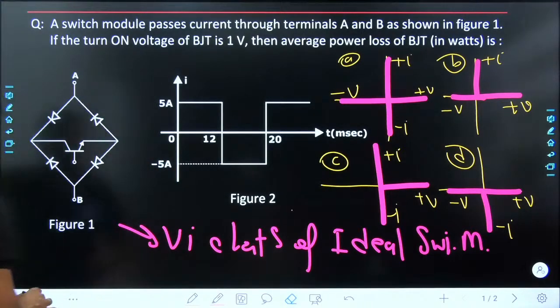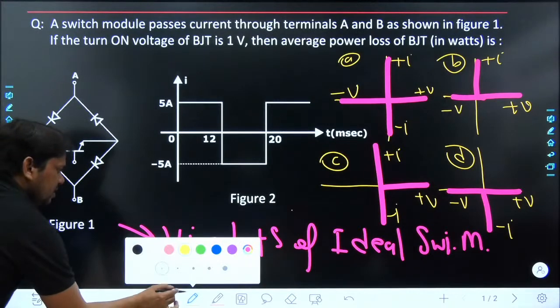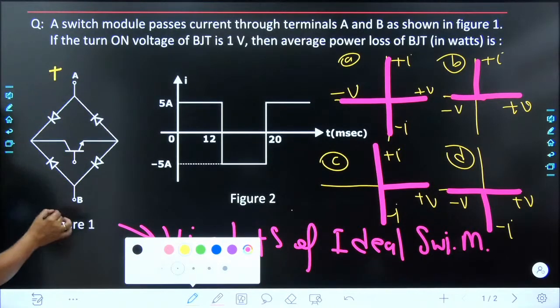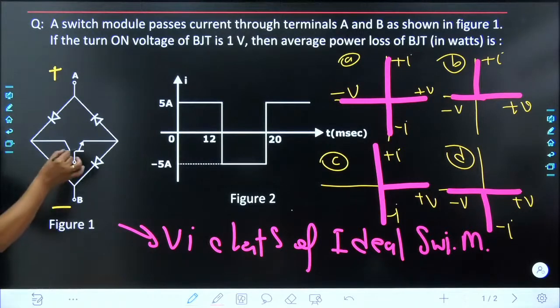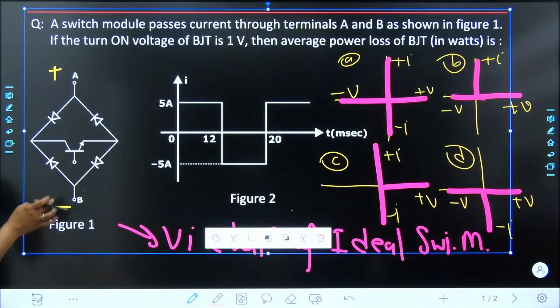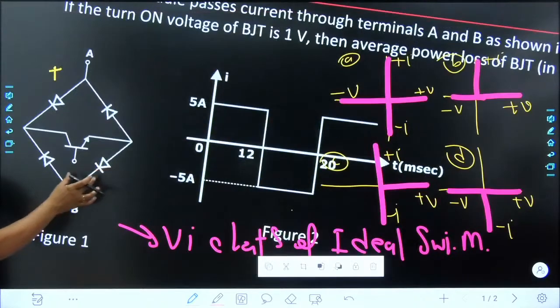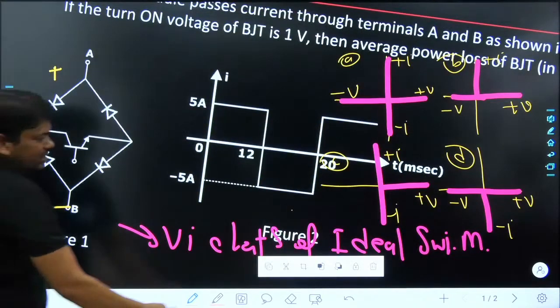Okay, now see, Beta ji. I want to write here: this is positive and that one is negative. Now see properly, everyone. Here we have one BJT also.